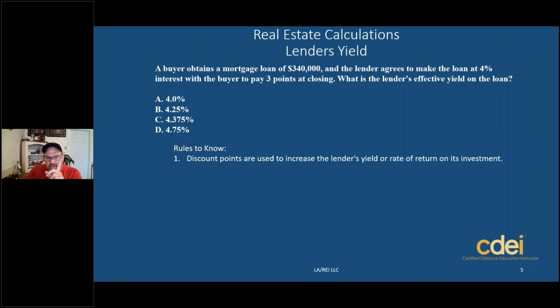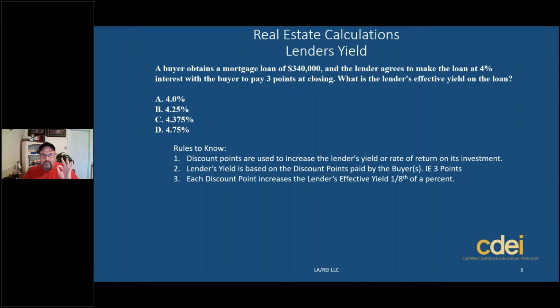The second step is to understand that the lender's yield is based on the discount points paid by the buyer. So 3 points is the number we're going to use in the calculation of this increasing yield. Now, step number 3, this is what you've got to know. Put a star by this.